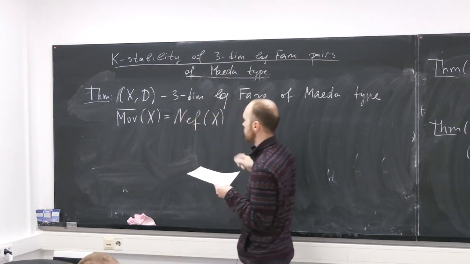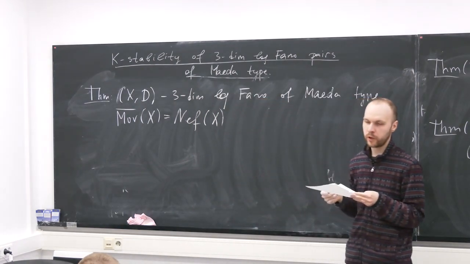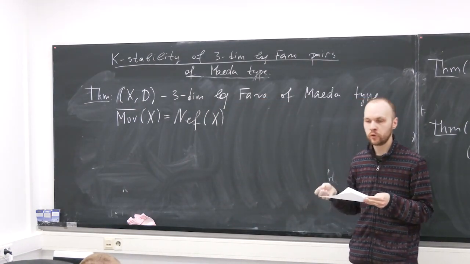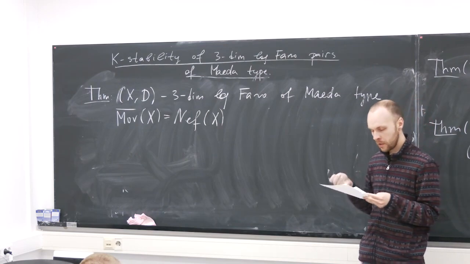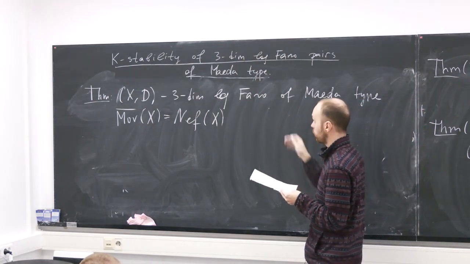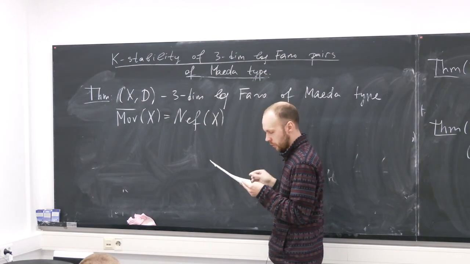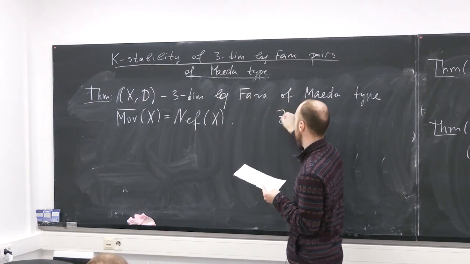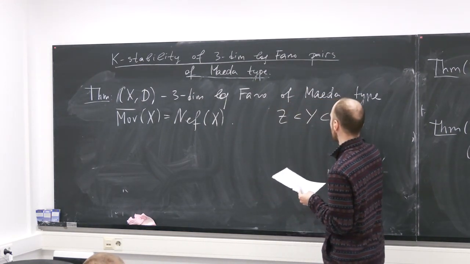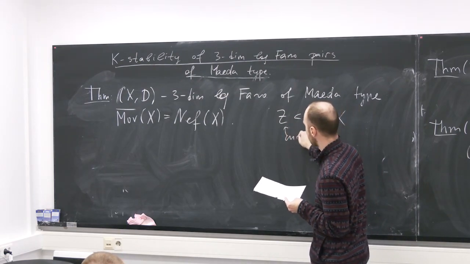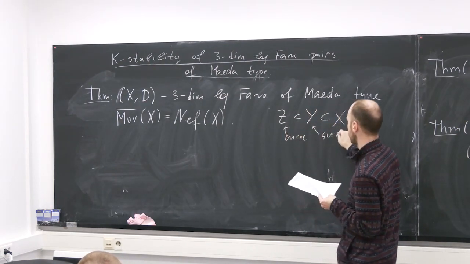This condition is satisfied for example for Mori dream spaces, but not for all log smooth log Fano pairs, not for all such pairs. So this is an additional condition. And assume we have a flag of subvarieties where Z is a curve and Y is a surface.